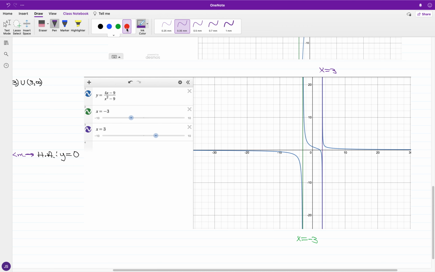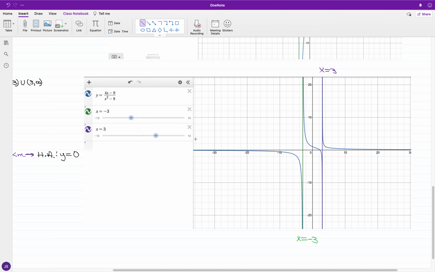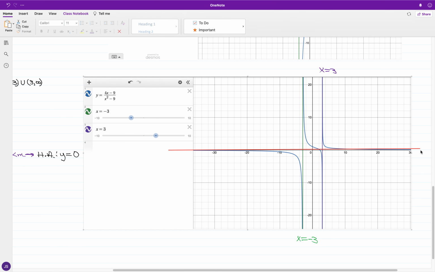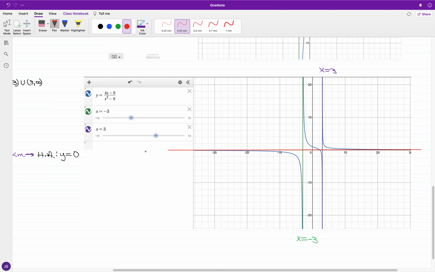And we have in the case of the extension a horizontal asymptote, again at y equal to 0.